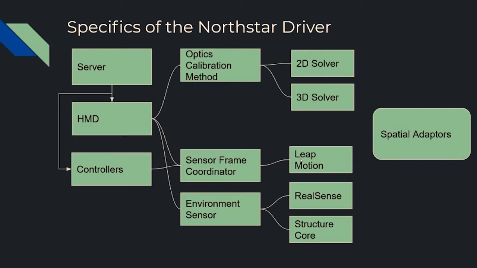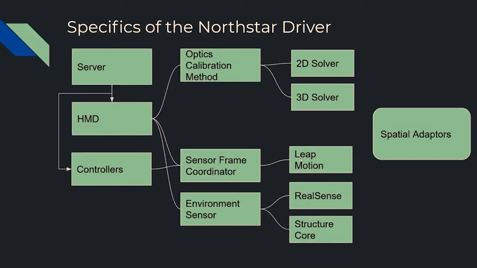Some requests came in to disable the tracked hands if folks wanted to use some other controller method to provide pose, when their controllers are behind their hand or behind their head, or whatever other use case. There's an optics class in there which encapsulates the two different configuration methods that are available for Project North right now, which are referred to as the 2D solve and the 3D solve.